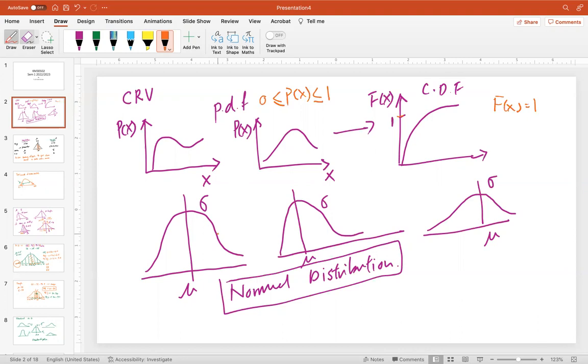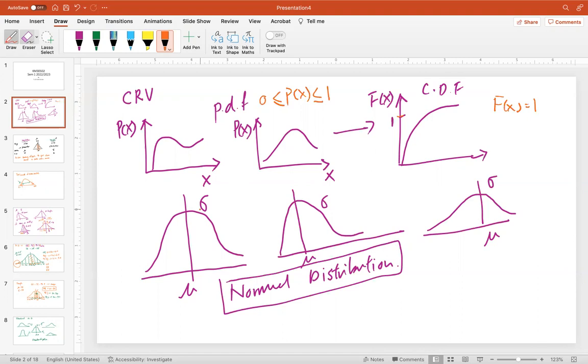So in fact, a lot of our data is in normal distribution. Normal distribution is data that shows the tendency to be closer to the center value, which is the mean.